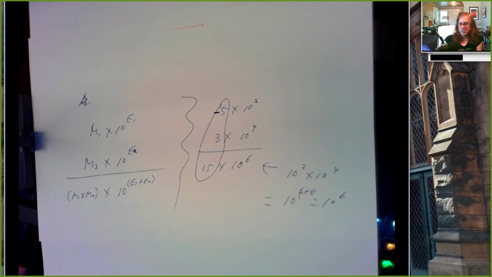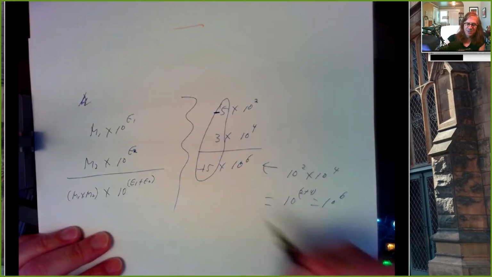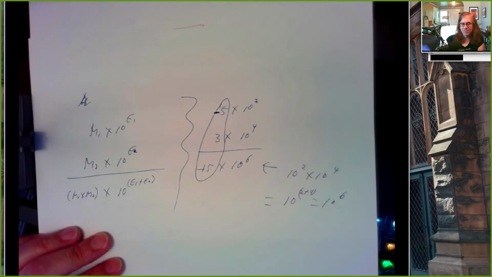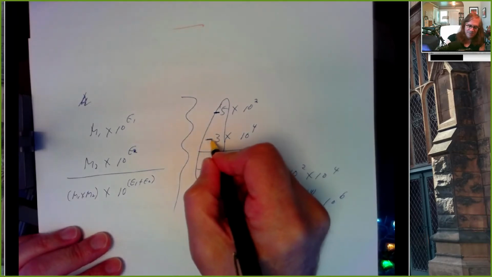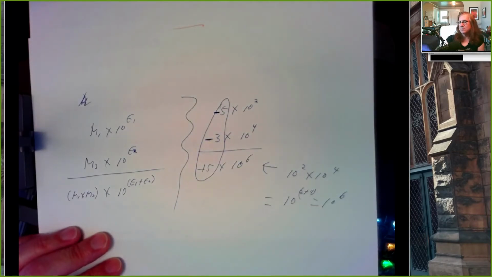Negative 5 times 3 is negative 15. Yeah, it just makes the product negative. And what if both of these are negative? Positive. Yeah, you get a positive.